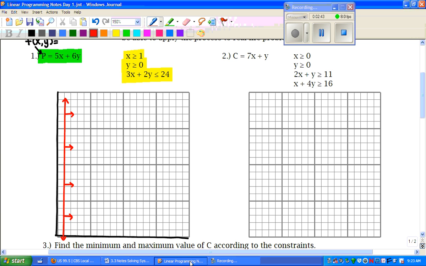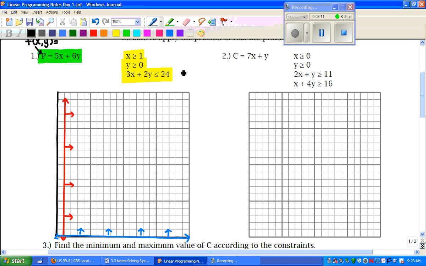So like yesterday, we'll go through and we'll put our arrows. The second inequality says that y is greater than or equal to 0. That is the x-axis. So go ahead and go over that darker. And again, because it says greater than, we're going to shade above the x-axis.